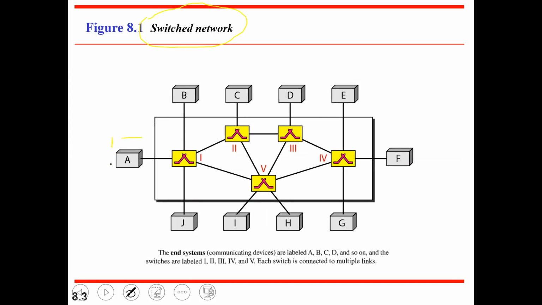In this picture, A, B, C, D are basically your workstations or your communicating devices, laptops, telephones, whatever. These devices are connected using some intermediary links.